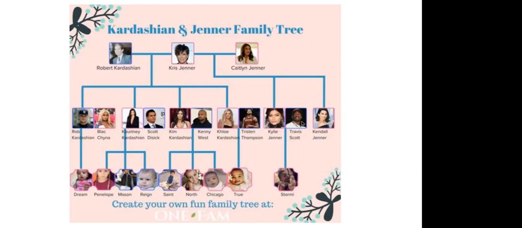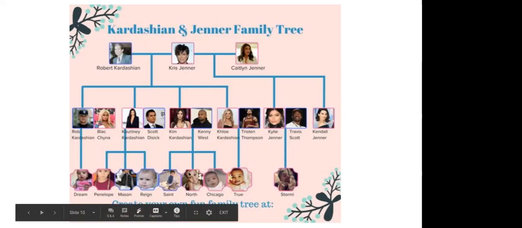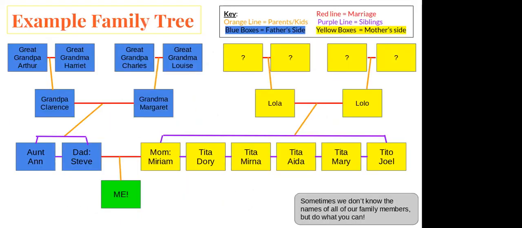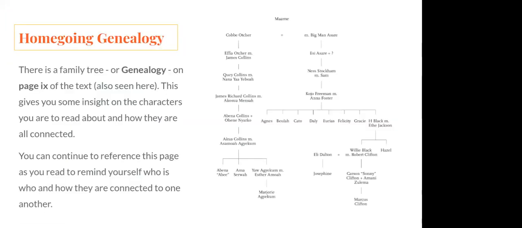Then we see the people that all of these people are married to. We have Kim and Kanye down here, so they have Saint and North and Chicago, Khloe and Tristan Thompson, Rob and Blac Chyna, all these people. So this is a real life example of the first one, showing who's a sibling, who is somebody's kid. And that's what it would look like.